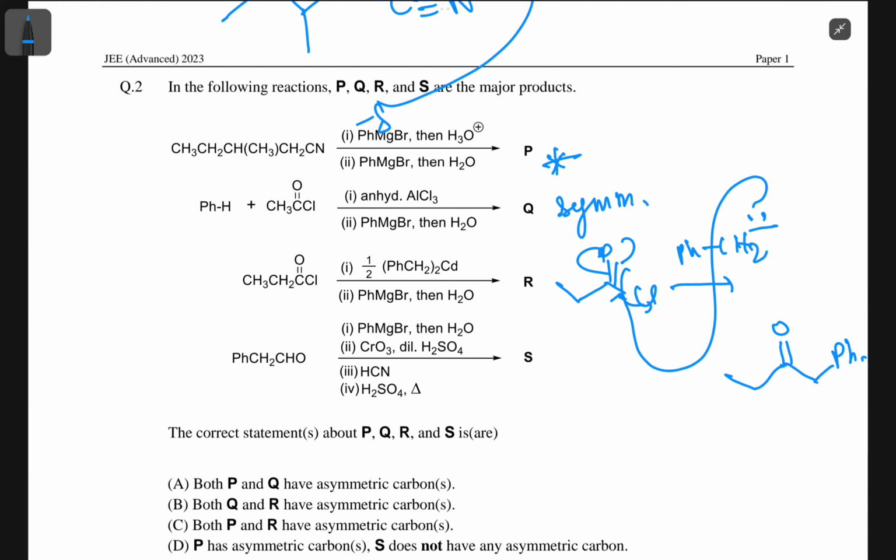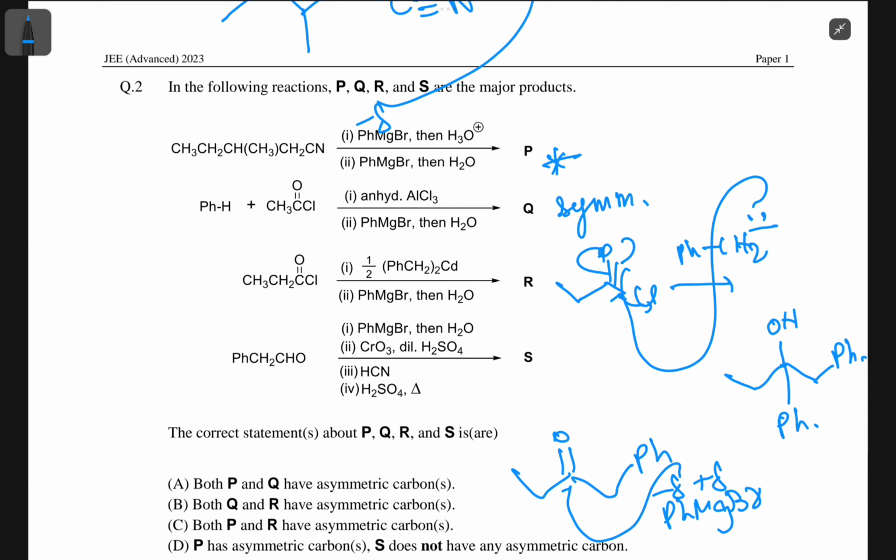And then PhMgBr, H2O again. So I'm not going to do so much, I'll just directly write this, because you would have this, and then PhMgBr, there would be a partial positive and partial negative here. This would attack here, and you would have this. Then all these steps for that, right?